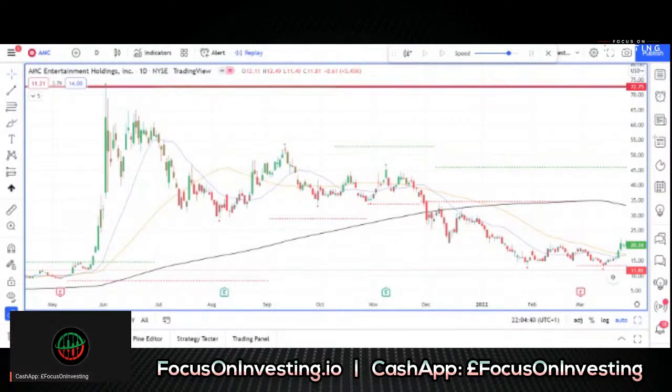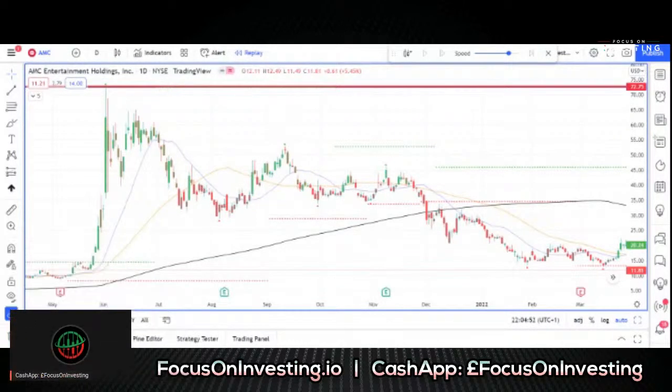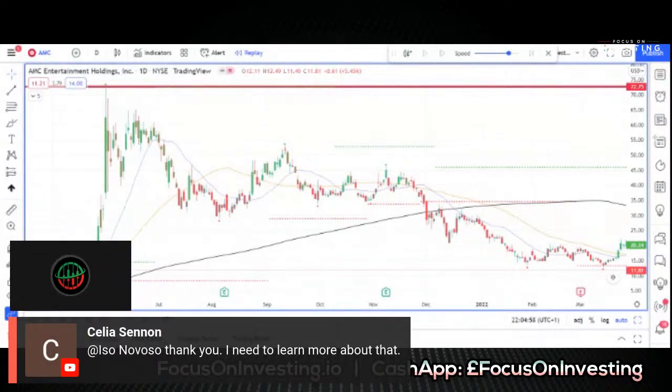I see ISO said it means that AMC is worth more in price, but the guys are holding it down. How can it be worth more in price if I can buy it for a certain price?